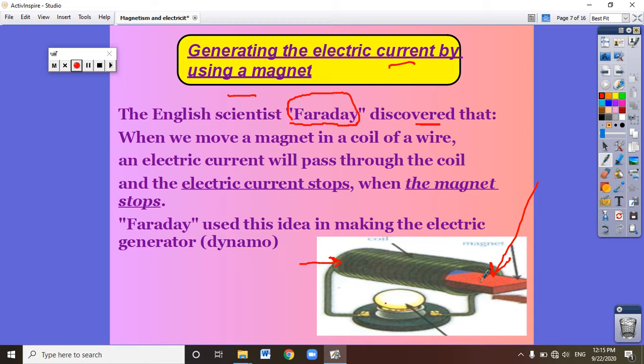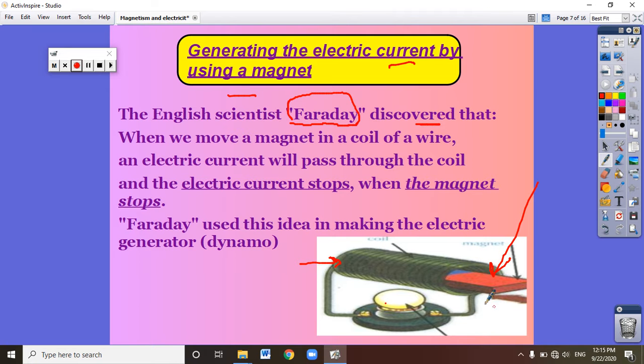Faraday moved a powerful magnet inside a coil of copper wire and connected the two ends of the copper wire with a lamp. When he moved the magnet inside the coil, the lamp lit. When he stopped moving the magnet inside the coil of copper wire, the lamp stopped lighting.